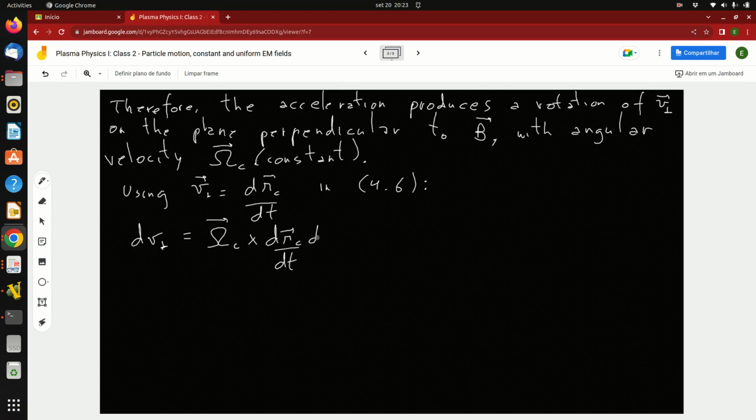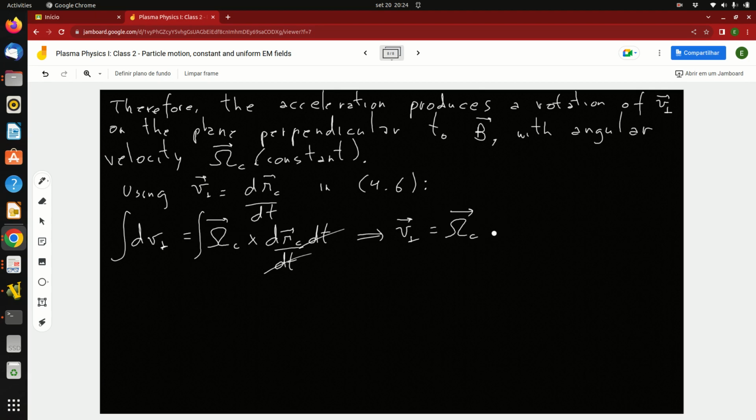I'll multiply it by dt, and this will cancel here, and integrate. This will produce v perp equal to omega c. Because this is constant, it can go out of the integral.